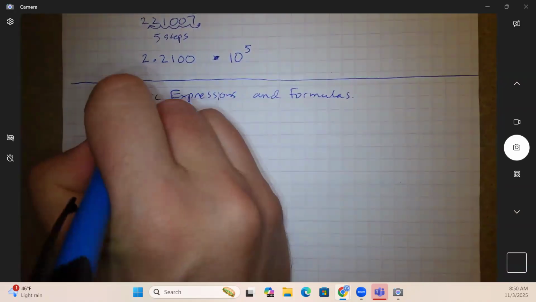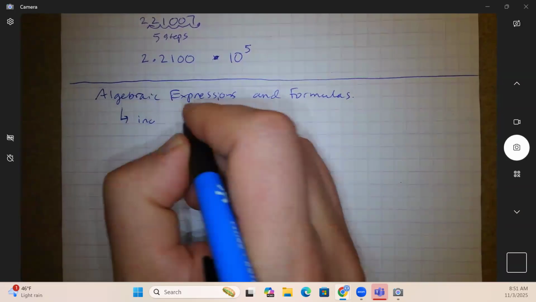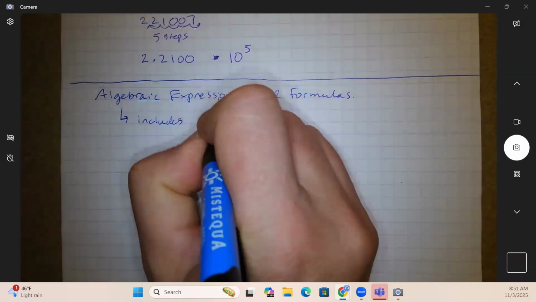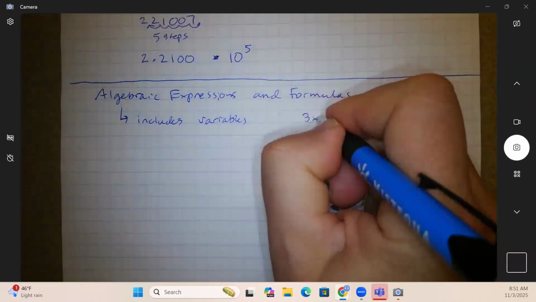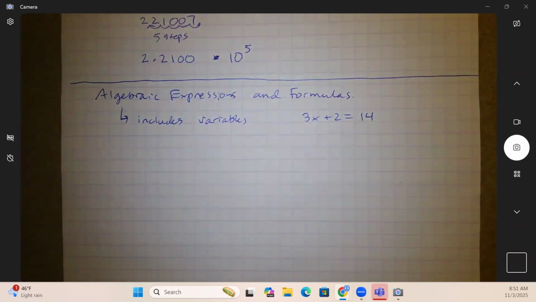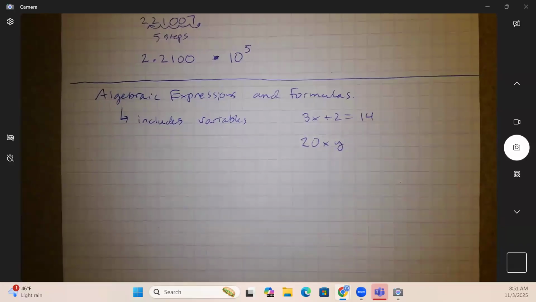So an algebraic expression is just a mathematical expression that includes variables. Like 3x plus 2 equals 14. That's an algebraic expression because it includes a variable x. Or something different like 20xy. No equal sign there, but it's still a mathematical sentence and it has variables.